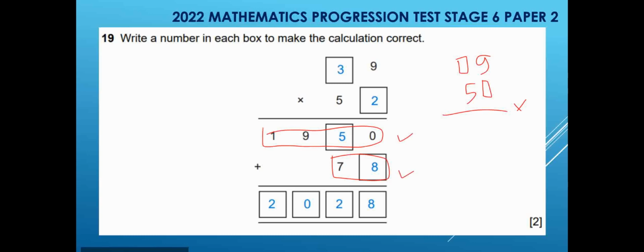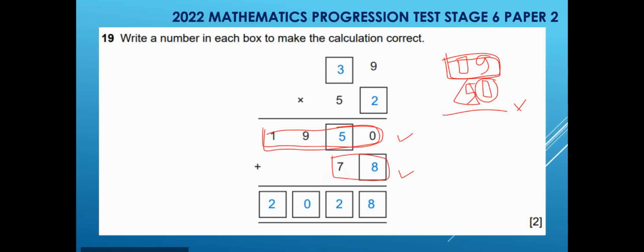So we see that the number that will produce 2 digits is the unit digit with this 2 here. The one that produces 4 digits above here will be the tens digit with this 2-digit number.